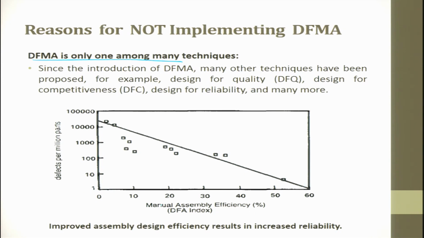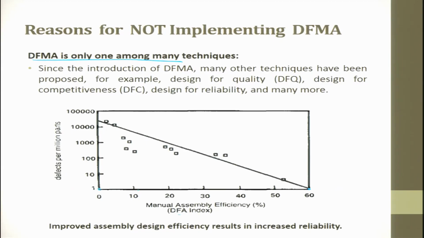These are the manual assembly efficiency DFMA index. You see that when the efficiency is very high, 60%, the defective parts produced is 1 per million.